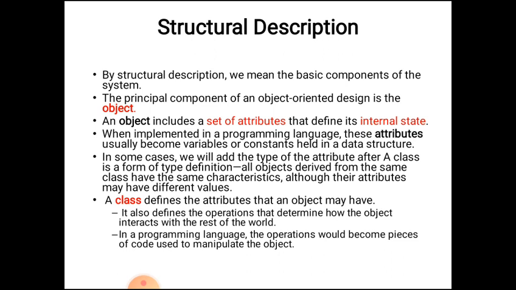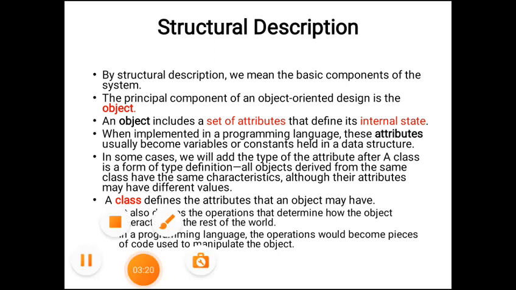An object includes a set of attributes, and these attributes define its internal state. When implemented in a programming language, these attributes usually become variables or constants held in a data structure.